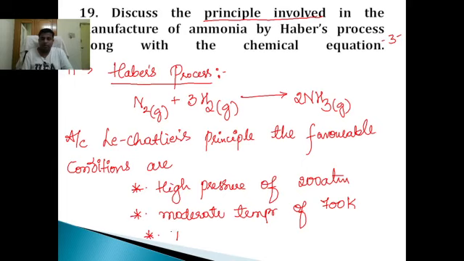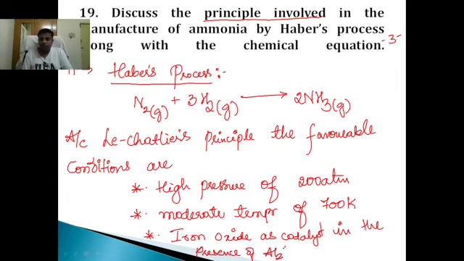Which is the catalyst? Iron oxide as catalyst in the presence of aluminium oxide or potassium oxide.